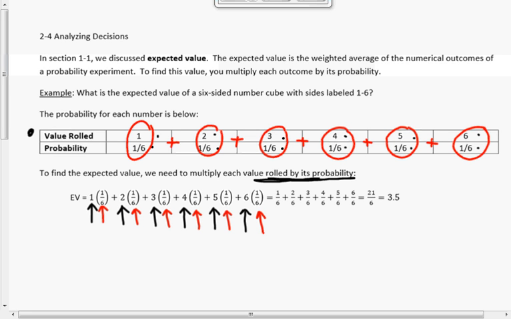So I'm not reducing here. I'm just going to go ahead and add everything together. 1 plus 2 plus 3 plus 4 plus 5 plus 6 is 21. So you see here, we've got 21/6. 21/6 is 3.5, I apologize. So the expected value of rolling any specific number on this dice is 3.5.